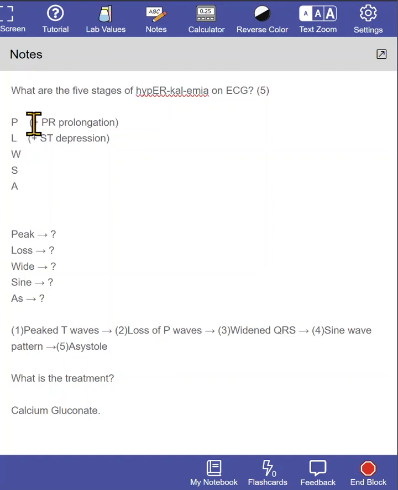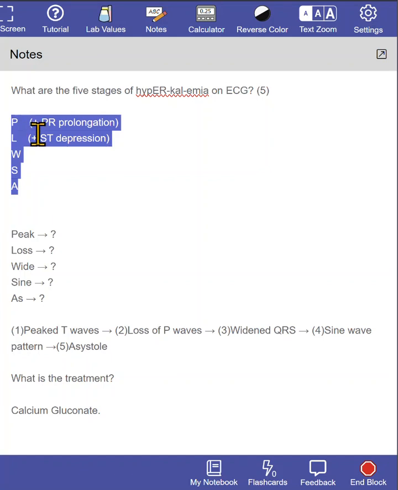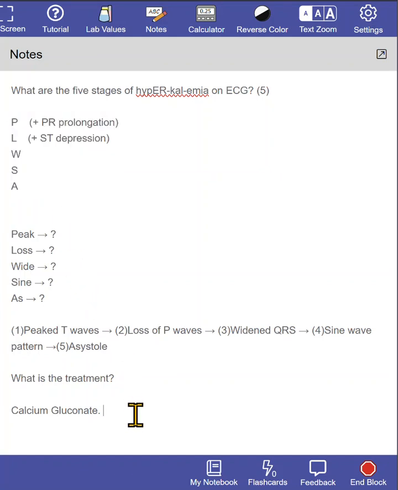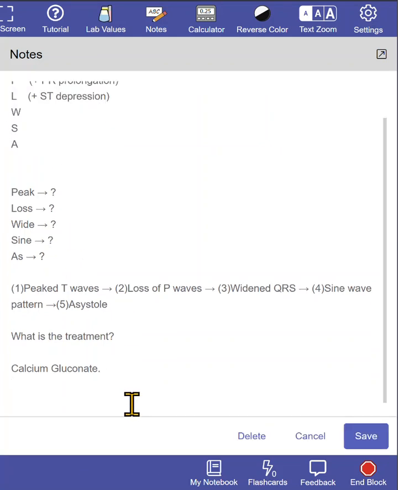And then loss of P waves with ST depression.